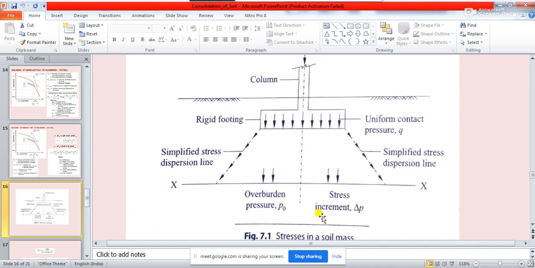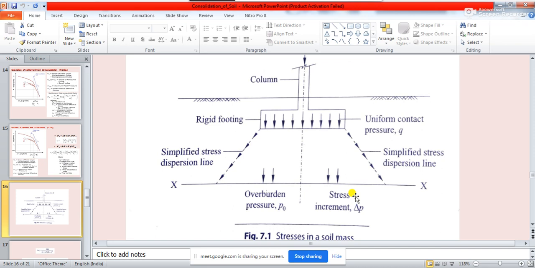If you want to find the incremental stress at a particular layer, in case of consolidation of soil, you have understood now that the middle of the clay layer is the position where you will have to find the incremental stress.